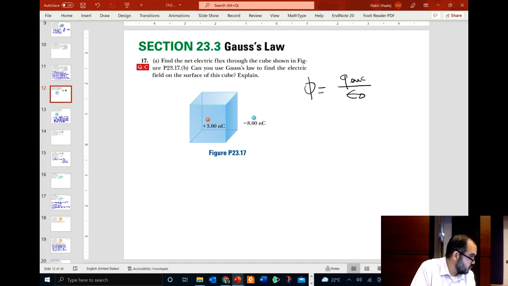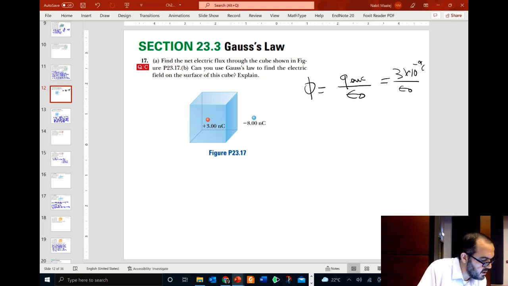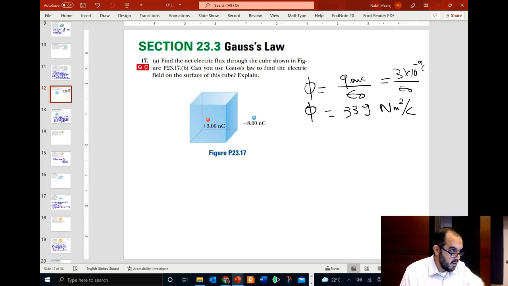The cube is a Gaussian surface, a closed surface, and the charge enclosed is 3 times 10 to the minus 9 coulomb divided by epsilon 0. When you evaluate this, you find that this is equal to 339 newton meter squared per coulomb. One step. This is what we call a single step easy problem. Obviously, the other charge does not contribute to the flux because it's outside of the cube.